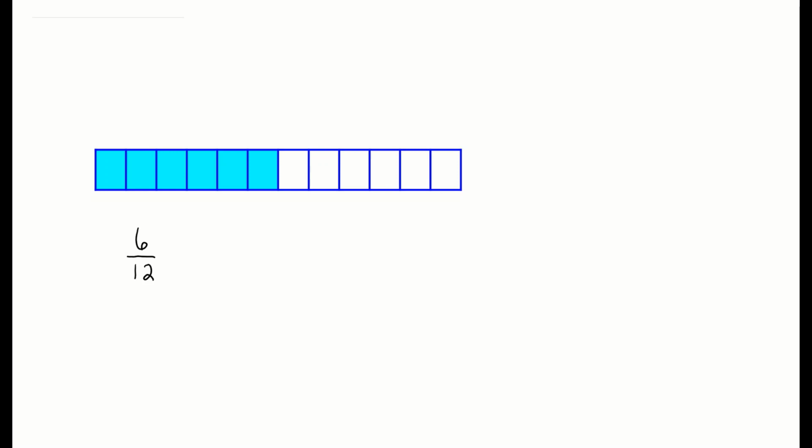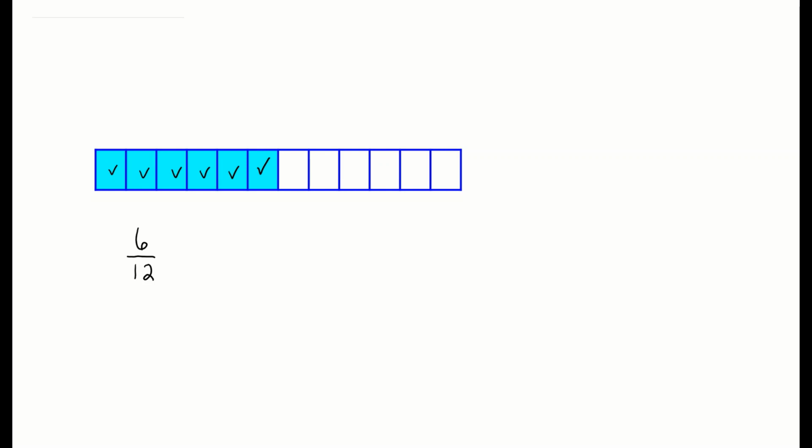Now to put this in lowest terms, the value is going to be the same, but the numbers are going to look different. So what I'm essentially trying to do is to have fewer parts represent the same amount. Well, wait a minute now. There are 6 parts, right? 1, 2, 3, 4, 5, 6.